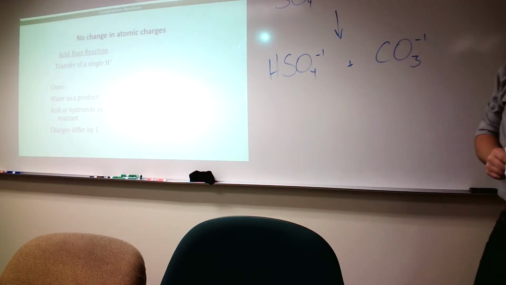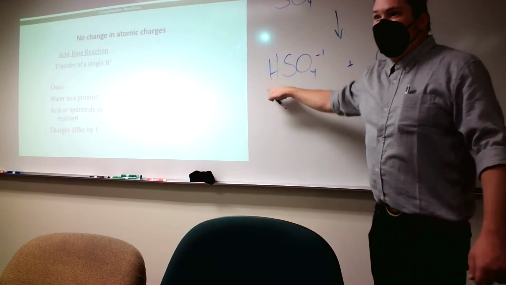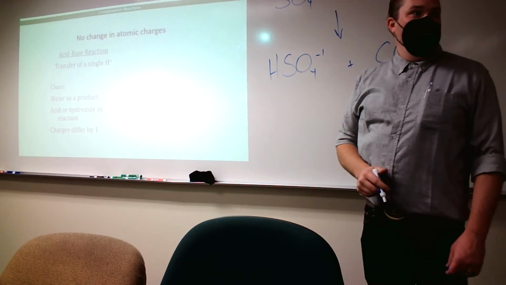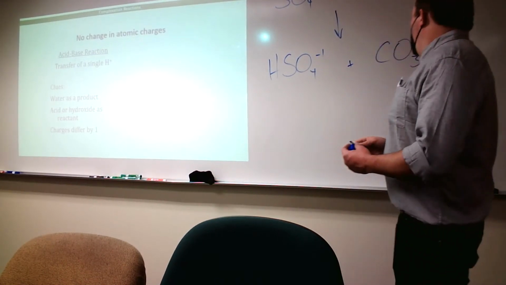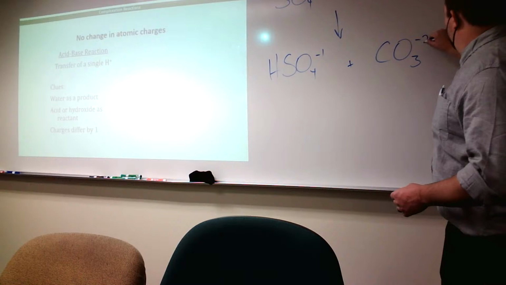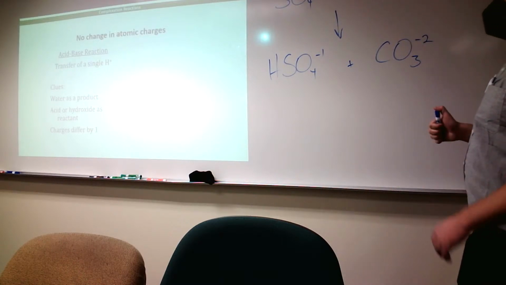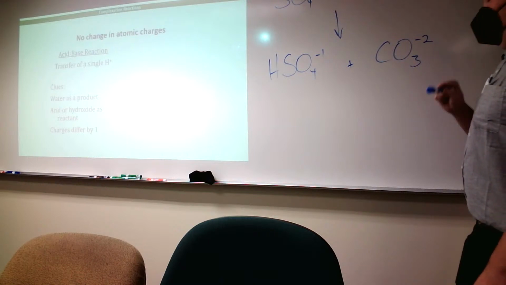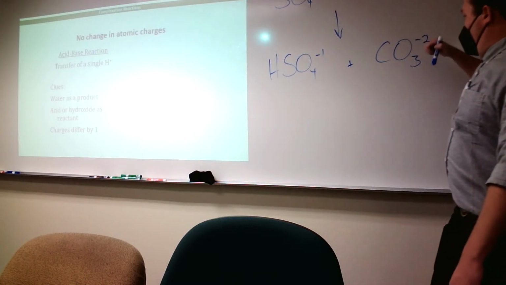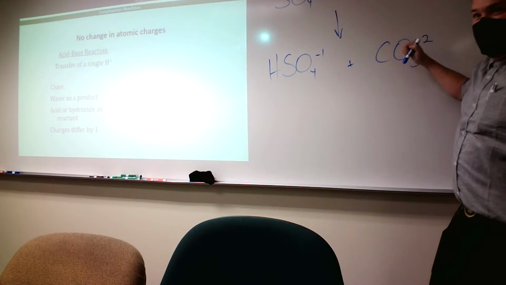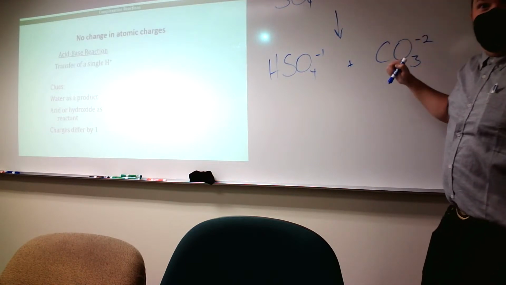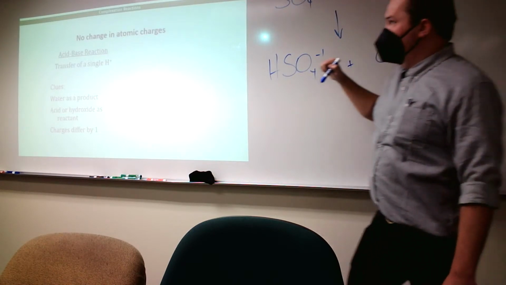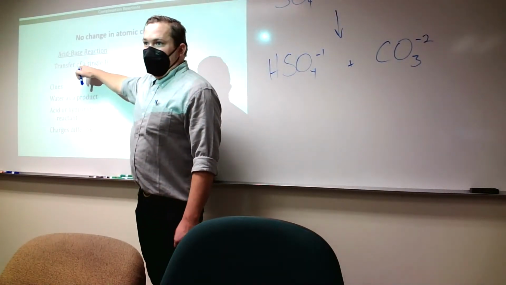We just moved an H+. It's still sulfate, we just stuck an H+ on it. Is the charge not -2 on CO3? Thank you. If it was -1, then we did have a redox reaction happening and something really weird was going on. So the fact that it's still carbonate in both cases, just with an extra H+ or missing an H+, tells us it's an acid-base reaction.